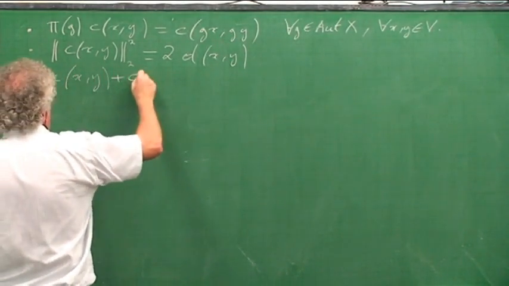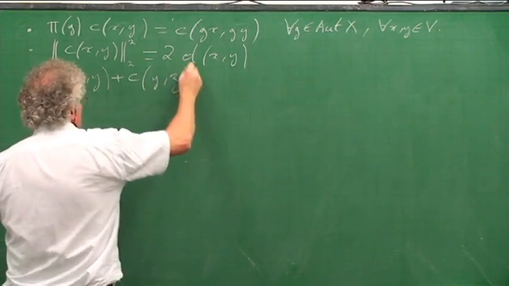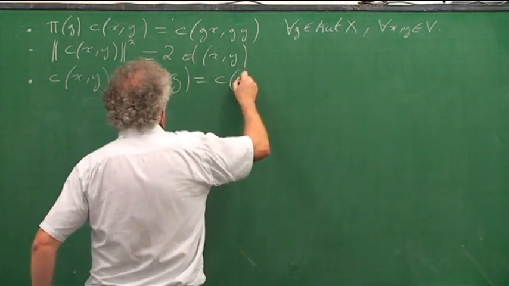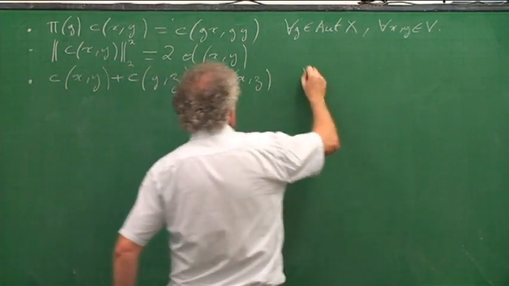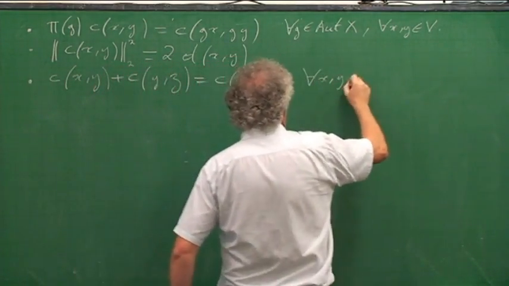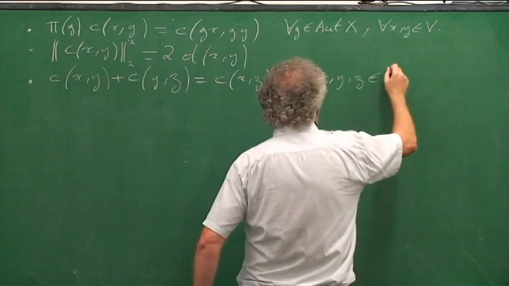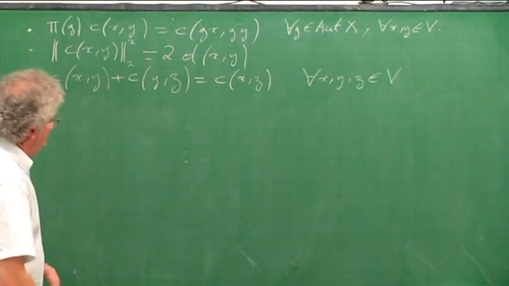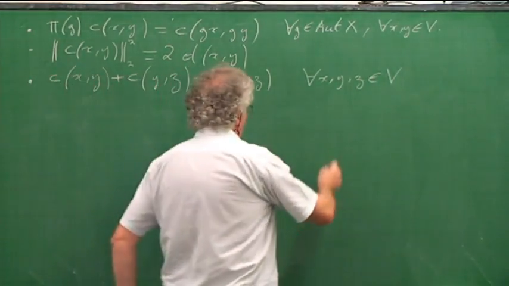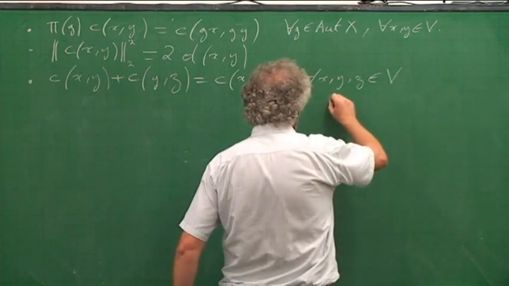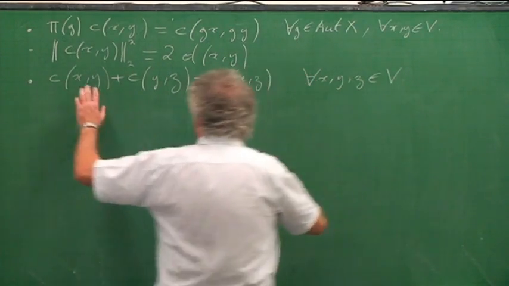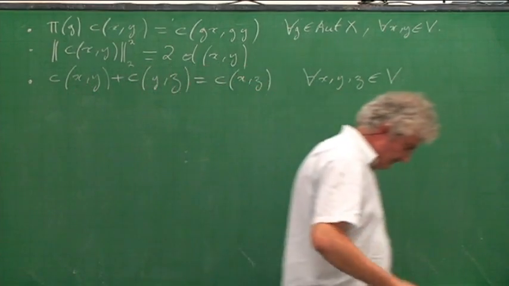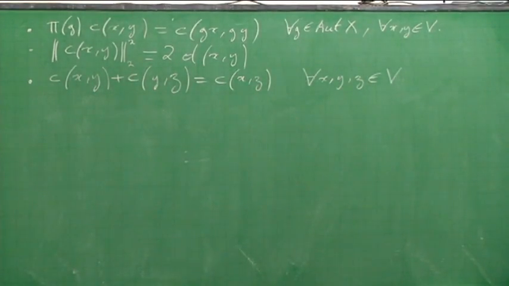C of xy plus C of yz is C of xz, for every x, y, and z vertices. And the reason is that we have 3 points, so they determine a triangle.